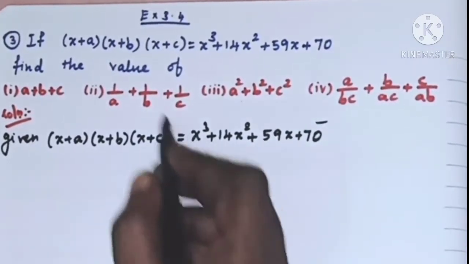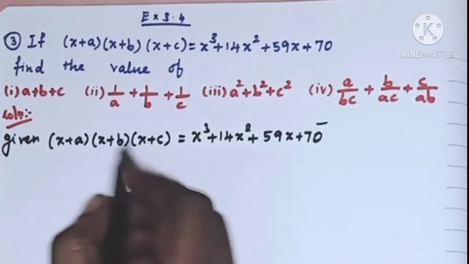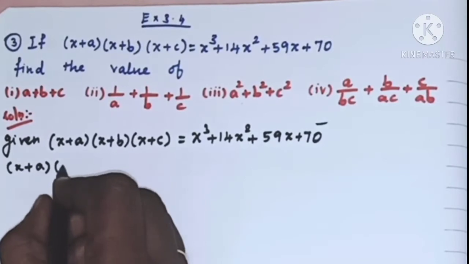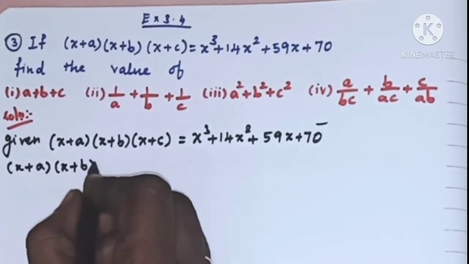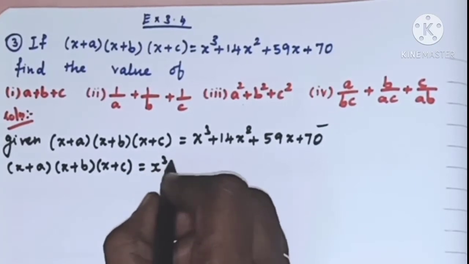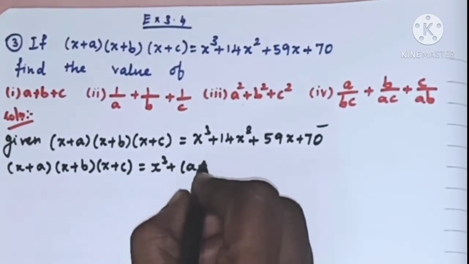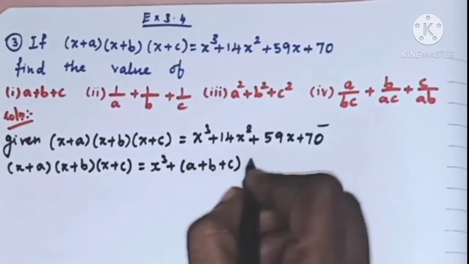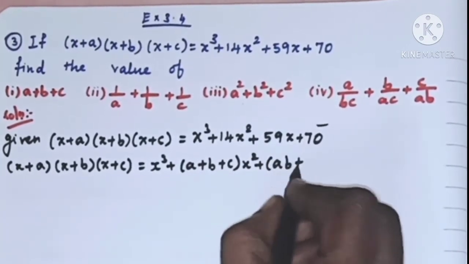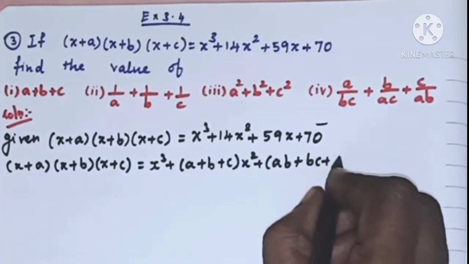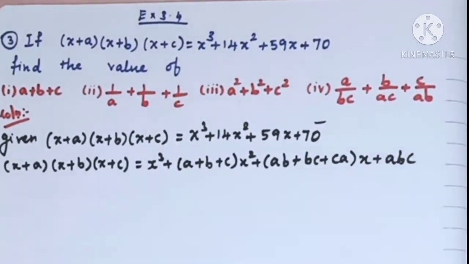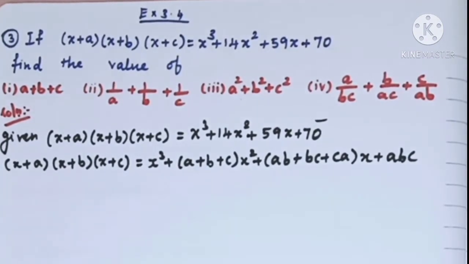So this is given in the sum. So this expression is the same as the identity x plus a into x plus b into x plus c equal to x cube plus a plus b plus c into x square plus ab plus bc plus ca into x plus abc. This is the identity we have.